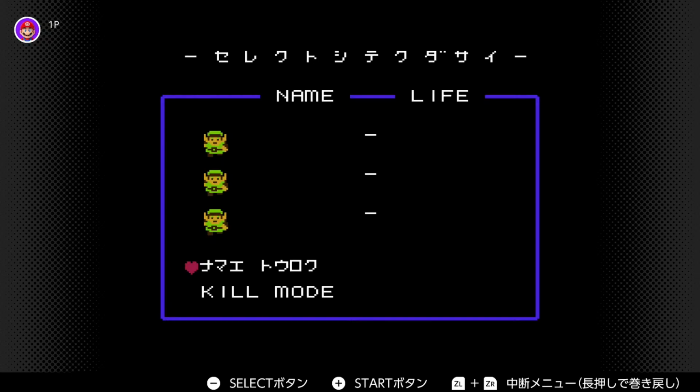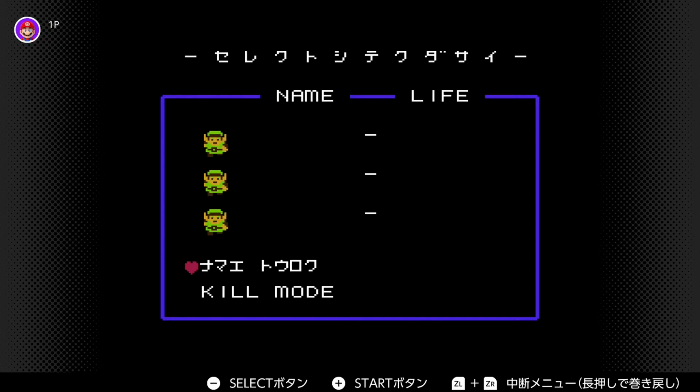Now, at the bottom, we see above the writing kill mode, which is a funny way to actually say, use that option to cancel your save file. On top of that, we see the namae toroku option. Namae means name. To be precise, usually more the given name.